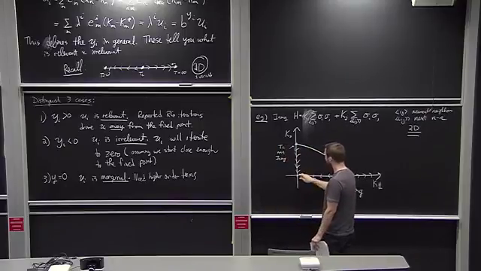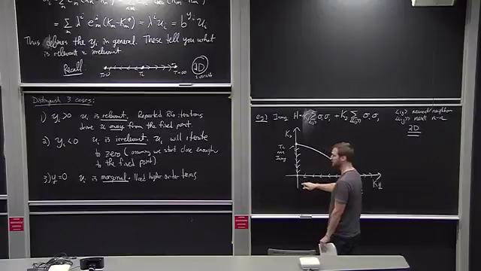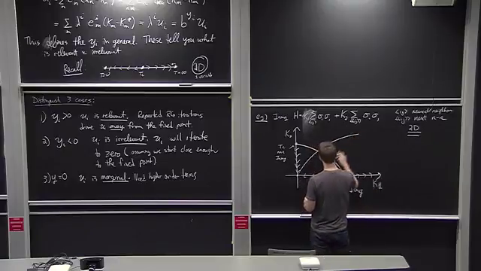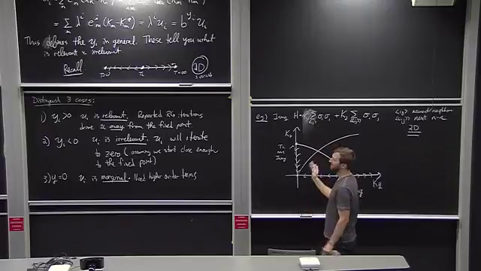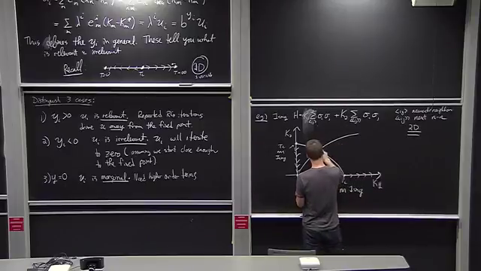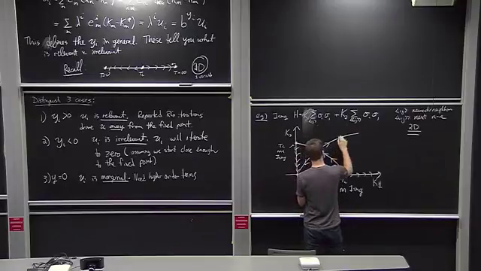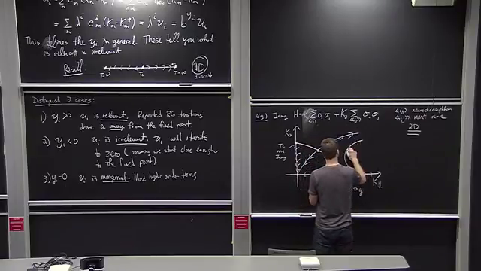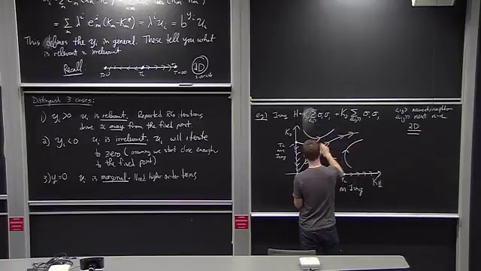This flow is irrelevant. K2 is irrelevant at this fixed point. So these bent curves would be the transformed U1 and U2. So you have a critical fixed point here with flows that look like this.